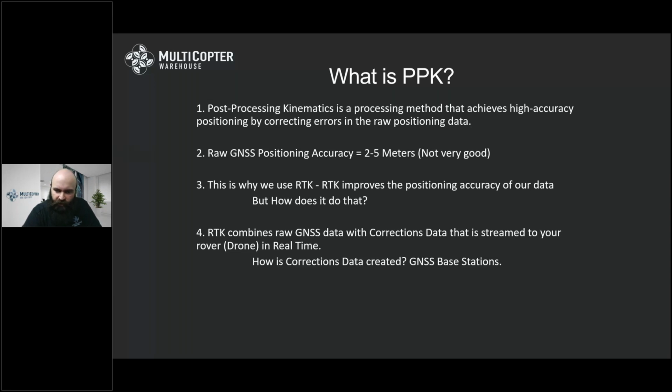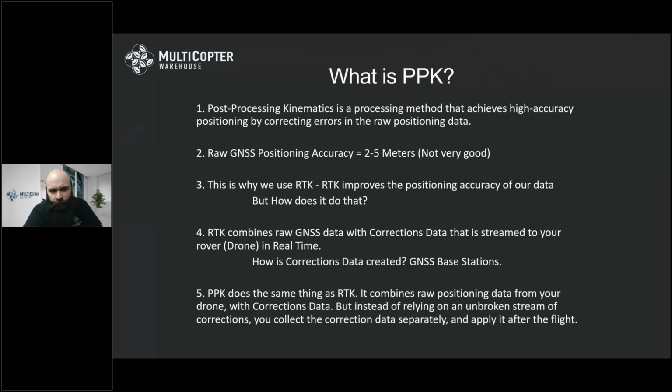Basically, these base stations don't move, and they know exactly where they are. And if they know where they are, then they know when the readings aren't showing exactly where they should be. And that's kind of how these corrections are calculated, is it's kind of a difference between where my base knows that it should be and where the data currently that it's getting from the satellites is telling that it is.